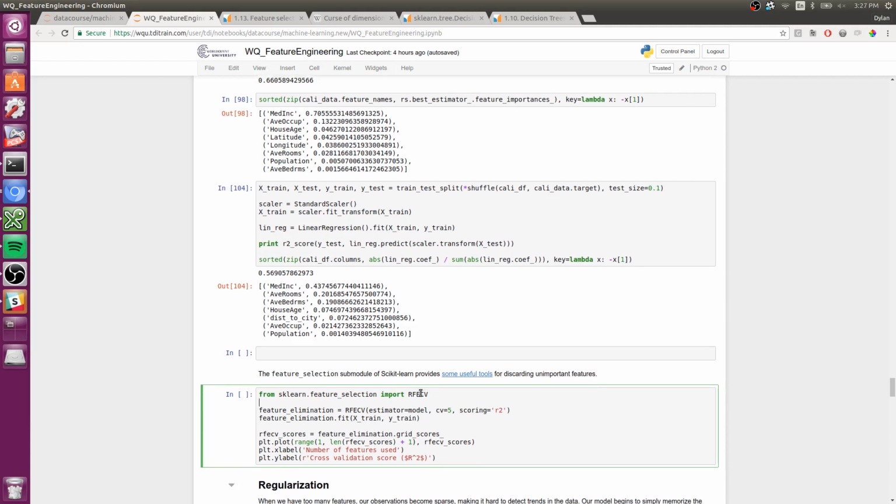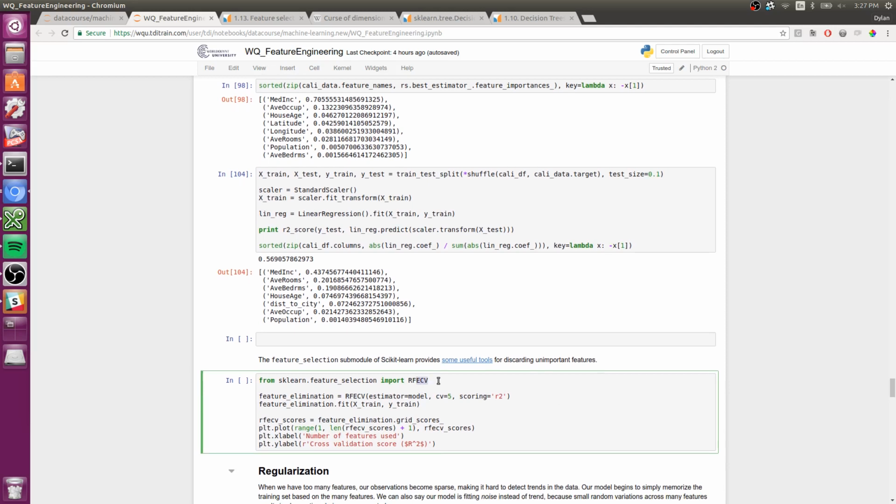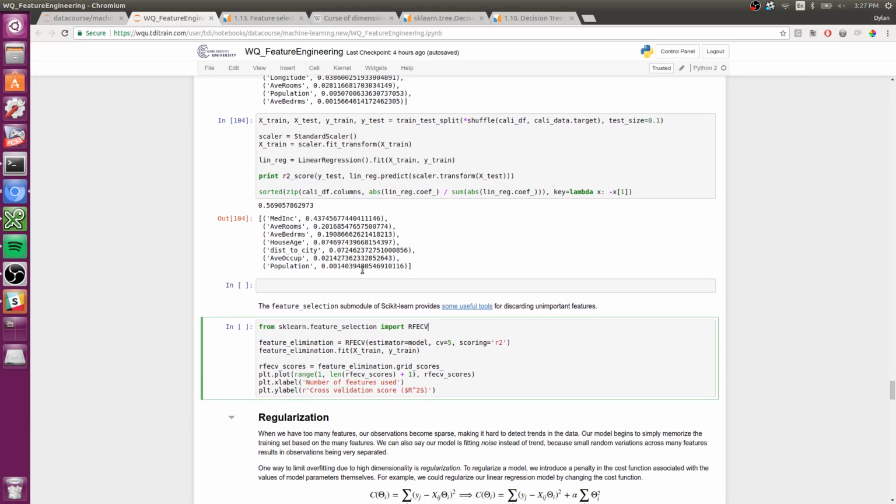So this recursive feature elimination cross-validation object is going to automatically eliminate features one by one, fit the model, and then calculate the evaluation metric with the fitted model, and then report back to us which features made the biggest difference.